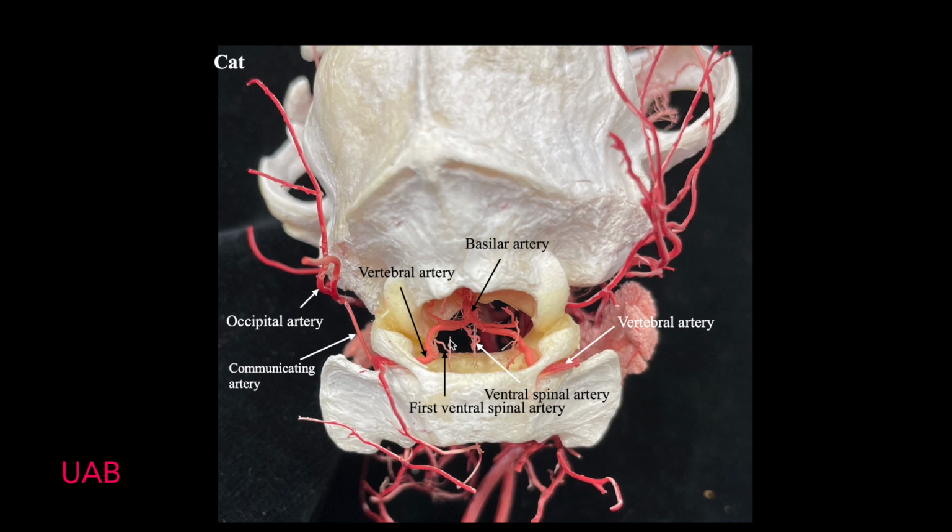And as you see, there is a big vertebral artery that is meeting the basilar artery, and caudally the ventral spinal artery is very thin. So this means that the blood flow should be caudal-rostral, not rostrocaudal as in the dog.